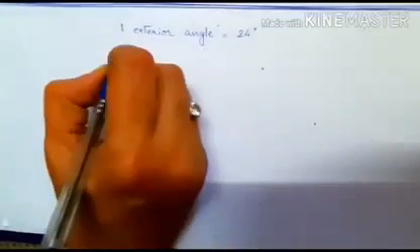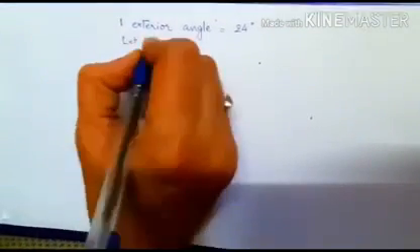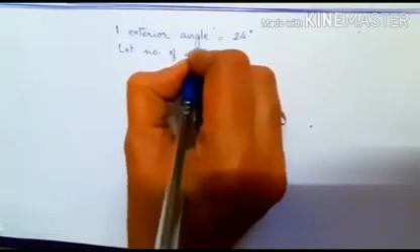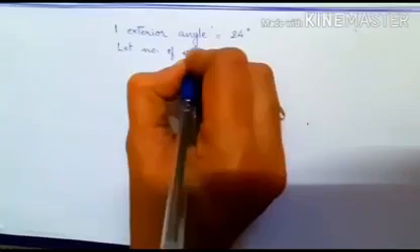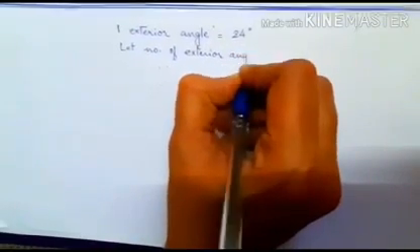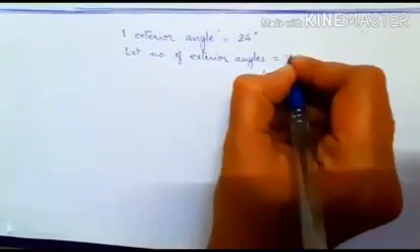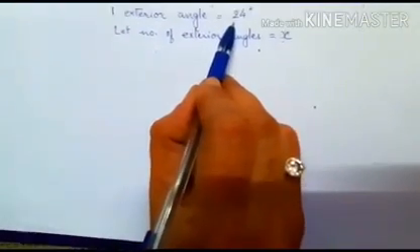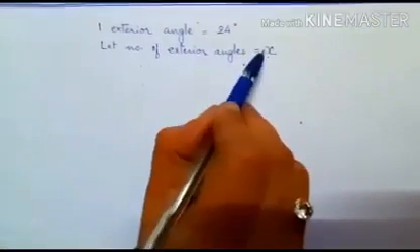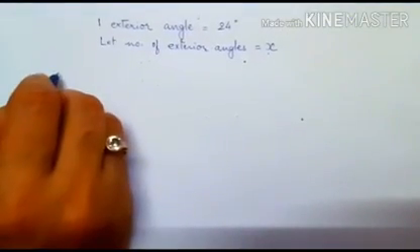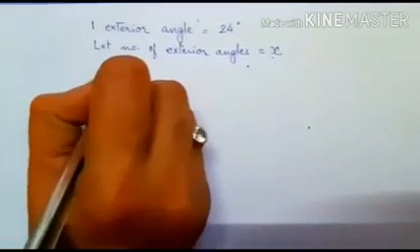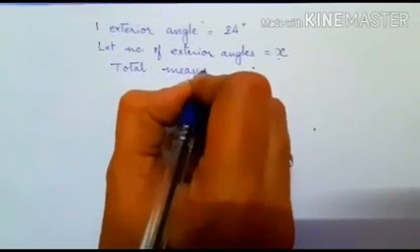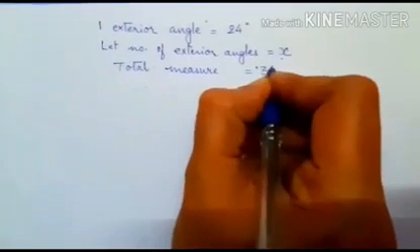So let the number of exterior angles be x. So x angles are there, each angle is 24 degrees, and the measure of all these angles together is 360 degrees. That is the total measure of exterior angles. It is always equal to 360 degrees.